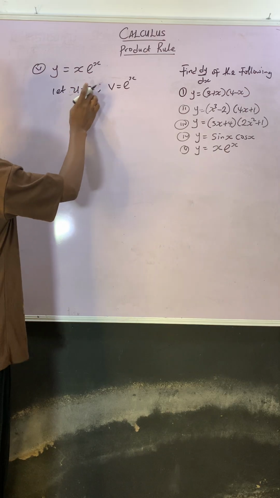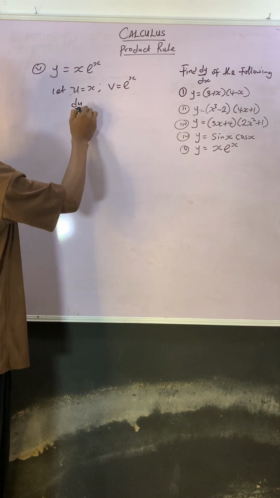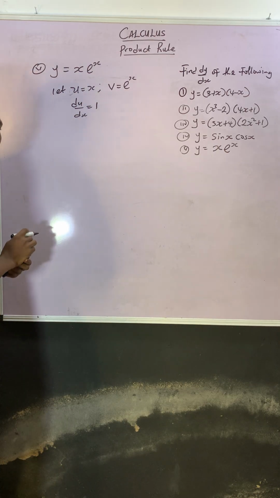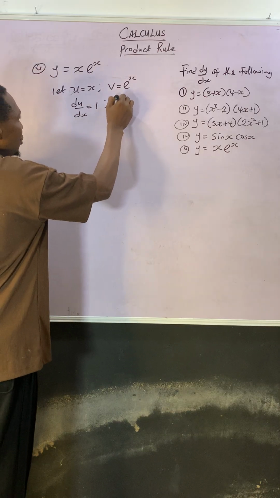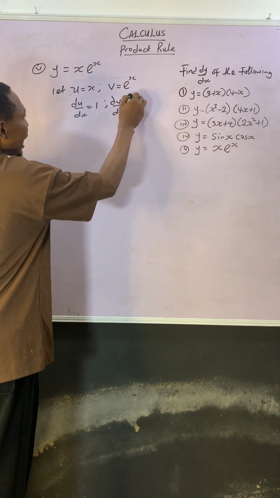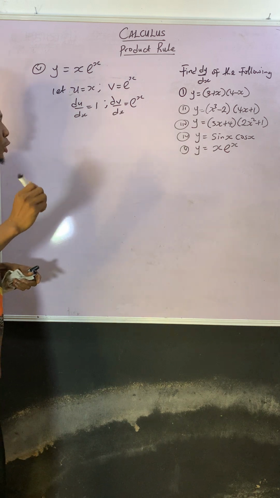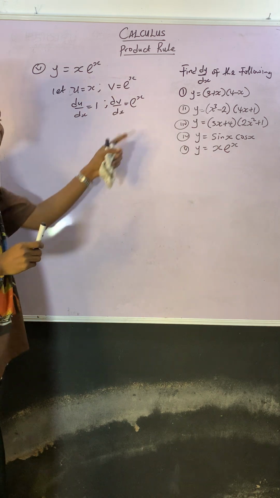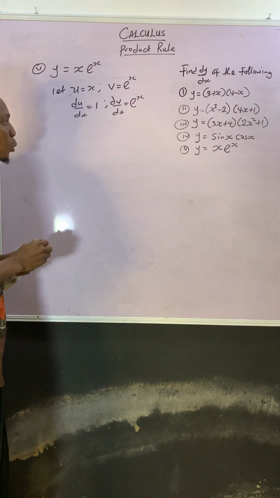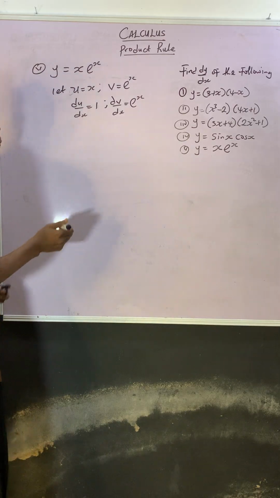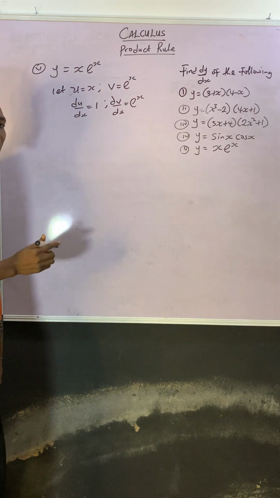So here, if you differentiate u with respect to x, du/dx equals 1. Then dv/dx is e to the x. In my next video under exponential function, I'm going to explain this far better so that you understand very well. So from here, substitute everything into the formula.